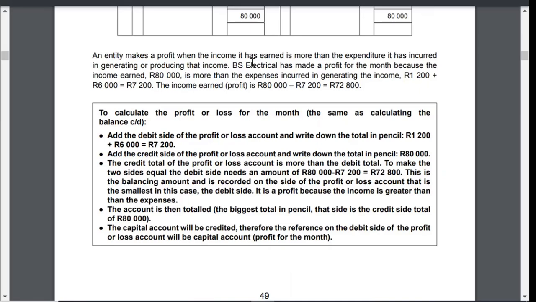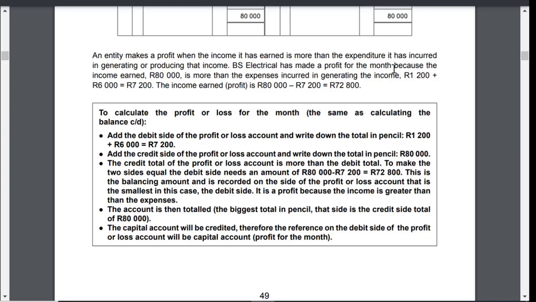An entity makes a profit when the income it has earned is more than the expenditure it has incurred in generating or producing that income. BS Electrical has made a profit for the month because the income earned, which is 80,000, is more than the expense incurred in generating the income.